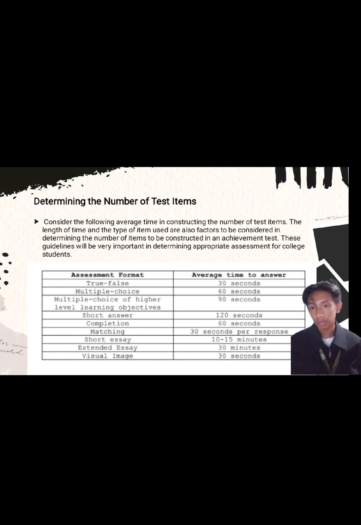And short answer is 120 seconds, and completion is 60 seconds, matching 30 seconds per response. Short essay will be 10 to 15 minutes because it varies in answering an essay, okay? Extended essay, 30 minutes. And the last one is the visual image, which is given 30 seconds.